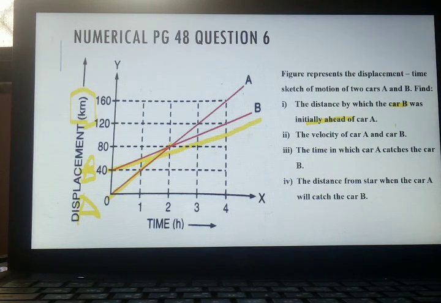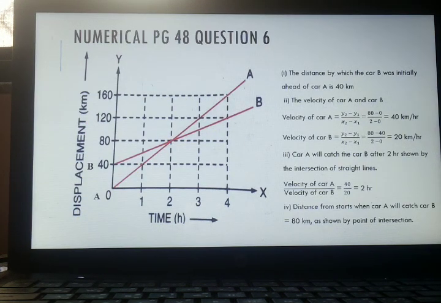The velocity of car A and car B. Now, we have to calculate with the help of the slope formula. We will consider velocity of car A first. Car A's initial coordinate we take as 0 only, and another coordinate is (2, 80), where 2 is the x coordinate and 80 is the y coordinate.